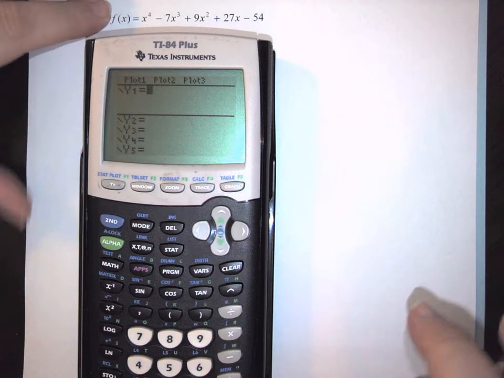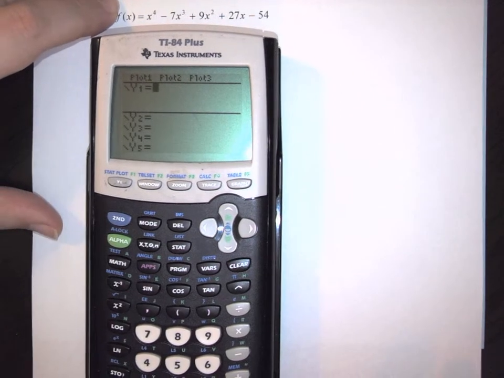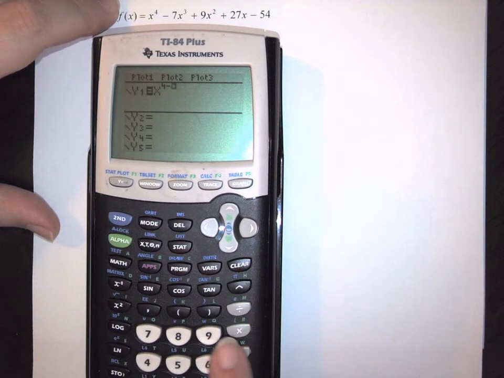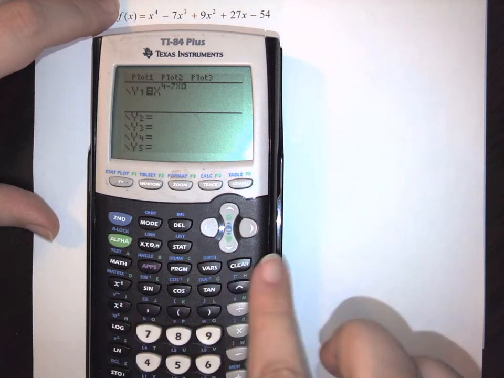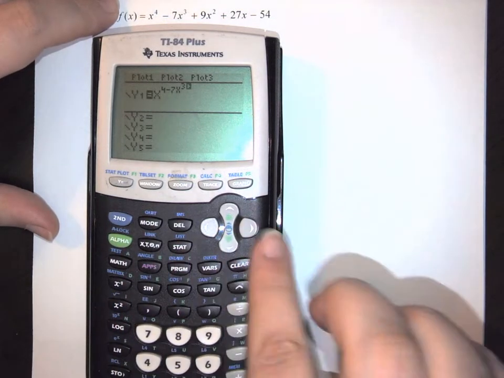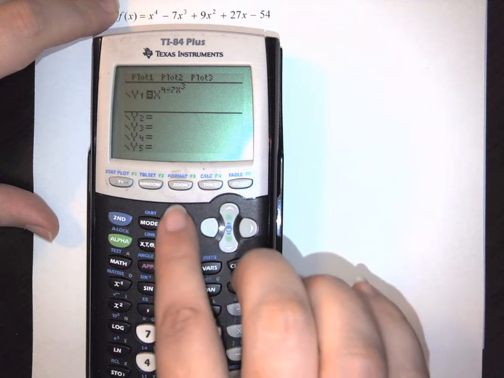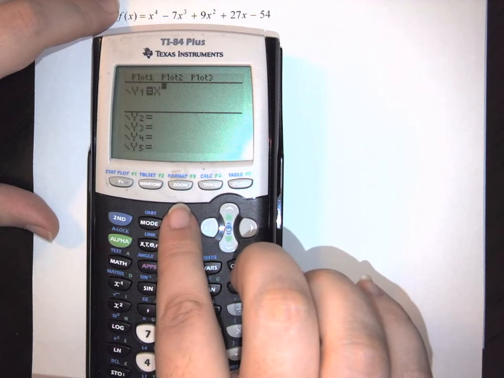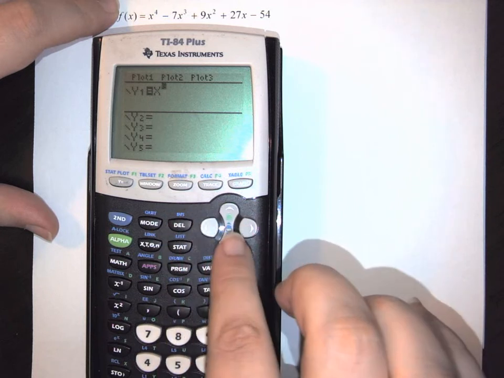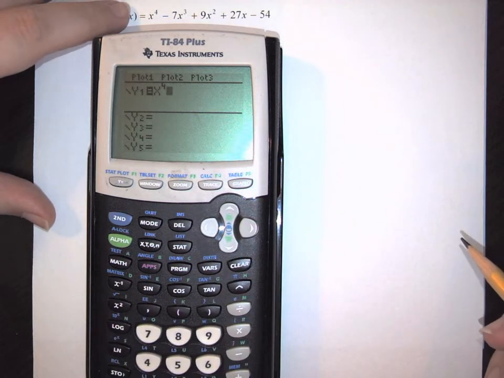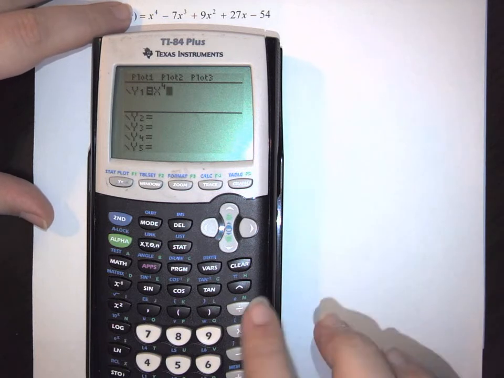So we're going to input this equation exactly as we have it. So we have x to the fourth minus 7x to the third. Oops. And that is why you need to be very careful that you remember to error out of your power. So let's try that again.